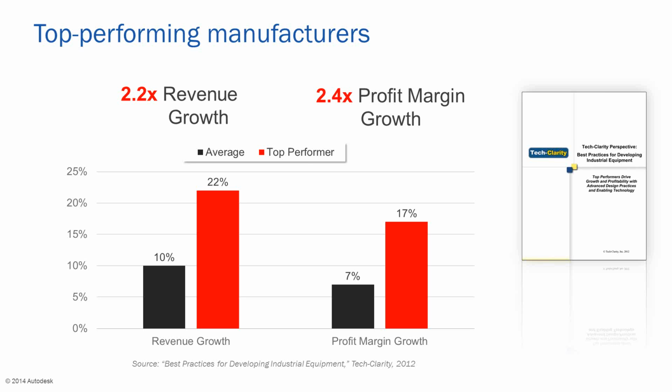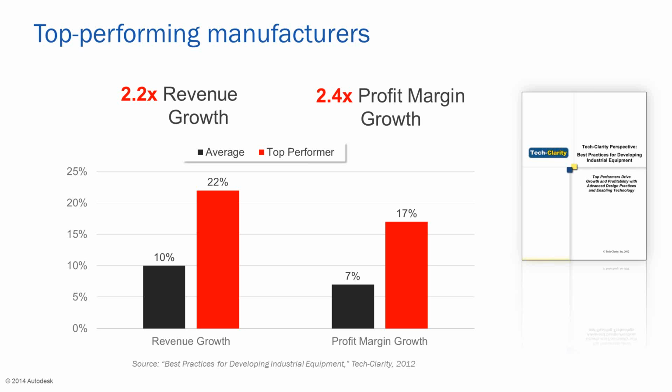So the study carried out was called Best Practices for Developing Industrial Equipment, and it was carried out by Tech Clarity. And the findings showed that the people who are at the top of their game have 2.2 times revenue growth in comparison to the average. And they're also making 2.4 times as much profit margin in terms of their growth.